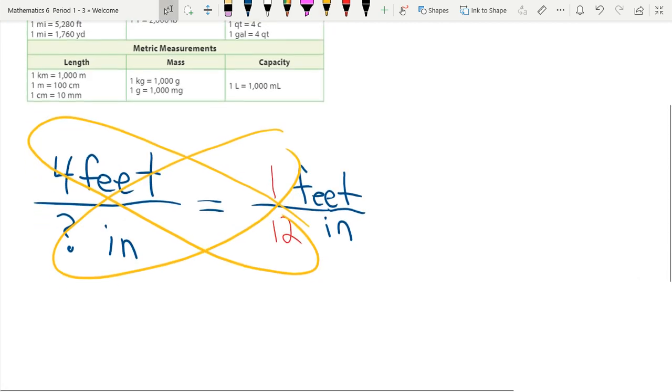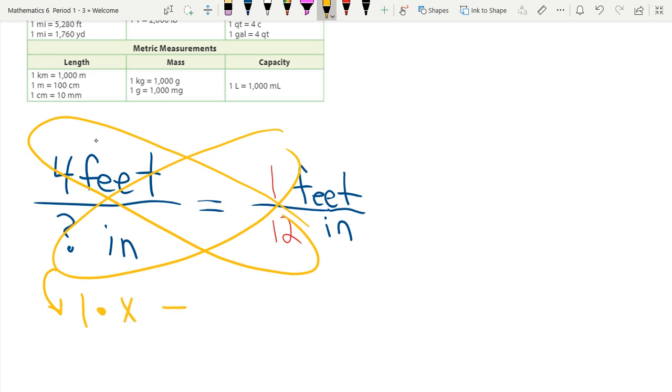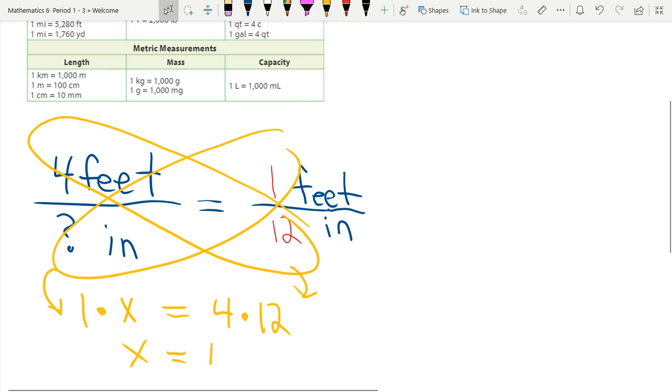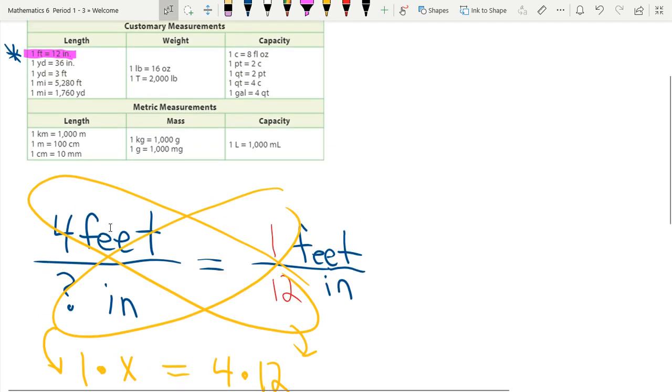On this side, we've got 1 times an unknown number, so 1 times x equals, and this side is going to be 4 times 12. 1 times x, we could just say that's x. That's what we're solving for, the unknown. And 4 times 12, that's 48. What are we looking for? We're looking for inches. So our answer is 48 inches. 4 feet equals 48 inches.